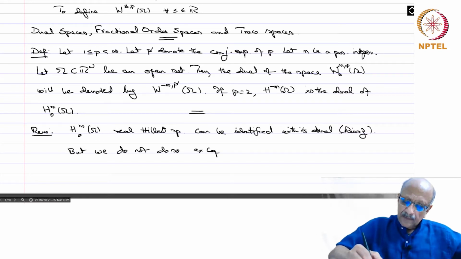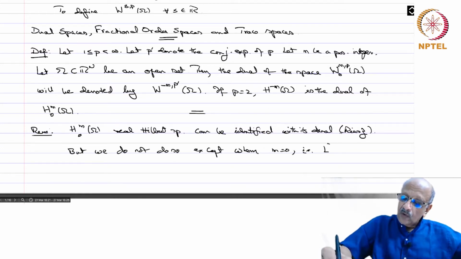Except when m equals 0, that is L2 of omega star is identified with L2 of omega.